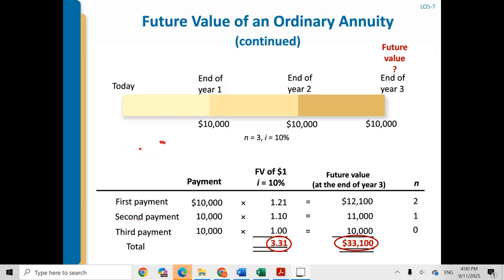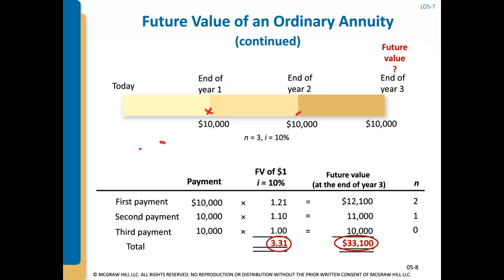There's 2 ways. The first way is the way we already know. The problem says that we are going to make a payment of $10,000 at the end of year 1, 2, and 3. Well, we already know how to do future value of a single payment of $1.